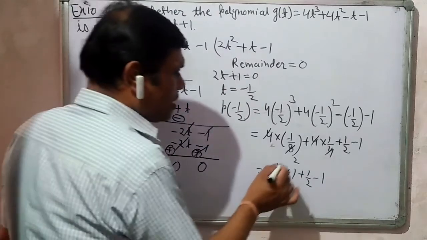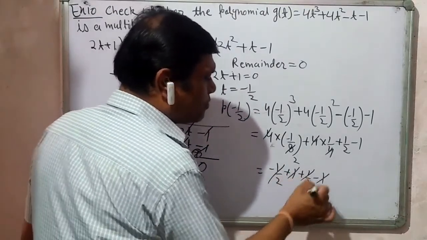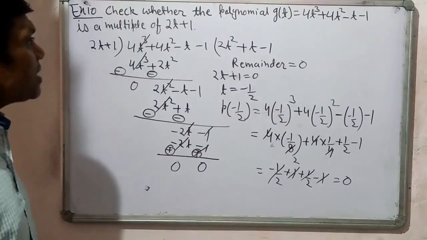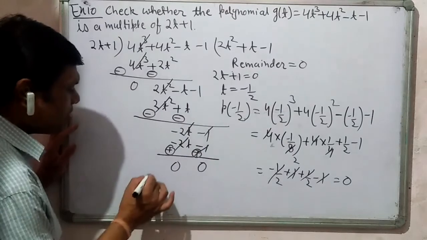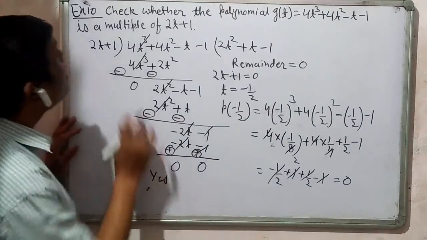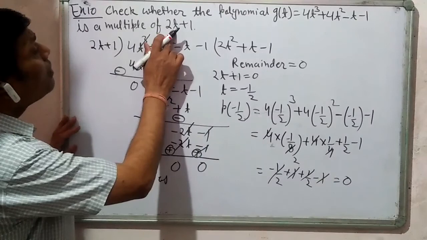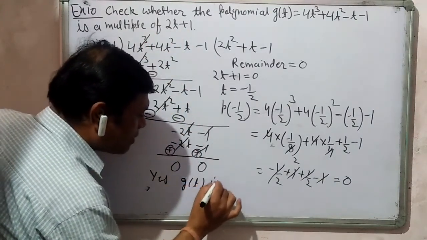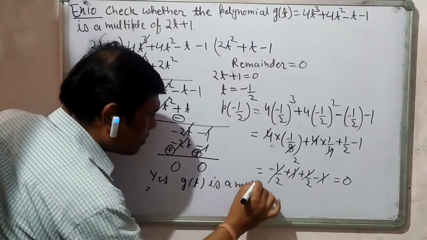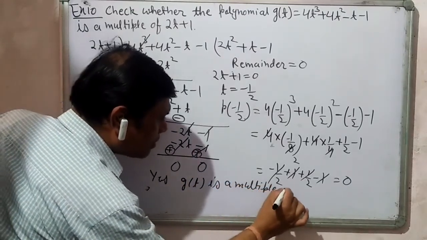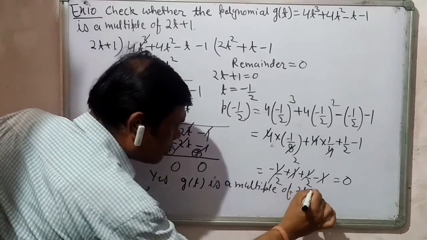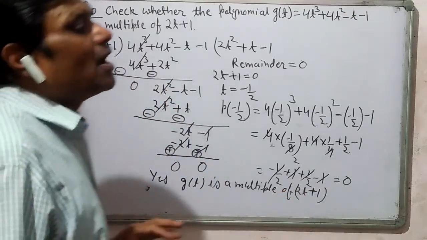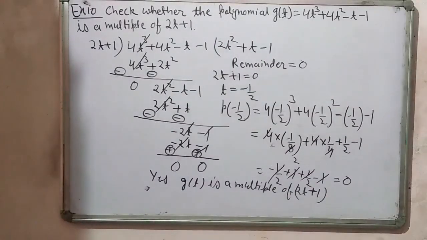Are they cancelling out? Yes. Minus 1 upon 2, positive 1 upon 2, positive 1, negative 1. The remainder is 0. So we can say yes, g(t) is a multiple of twice t plus 1. Or in other words, twice t plus 1 is a factor of the given polynomial.